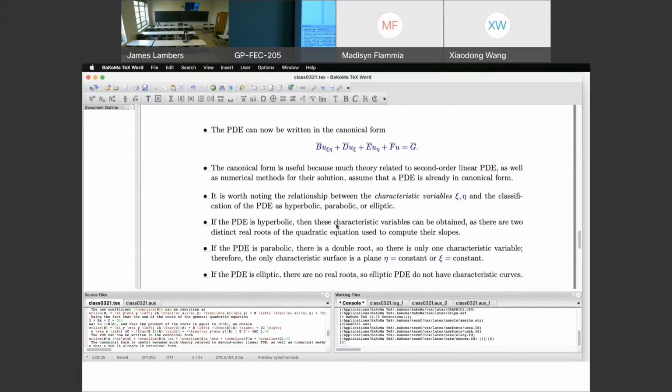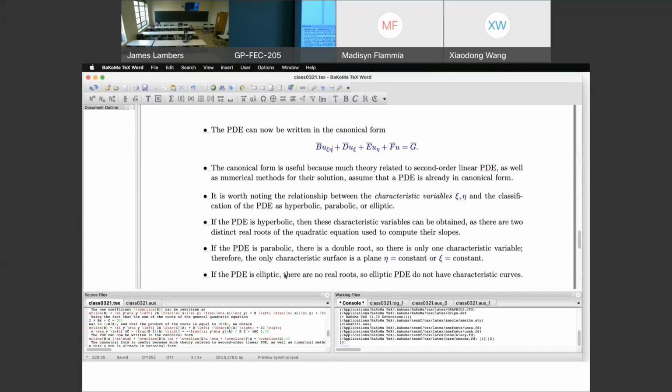Now, what I've shown you today, unfortunately, only applies in the hyperbolic case, where that quadratic equation has two distinct roots. If it's parabolic, you only have one root. So you can't transform x and y to two characteristic variables, you only have one. So you have a equals constant or c equals constant.